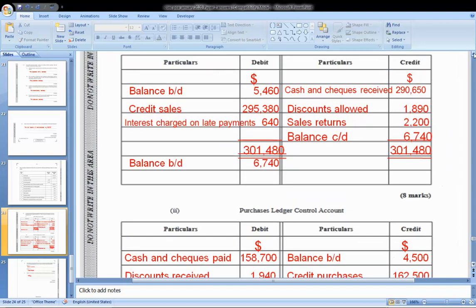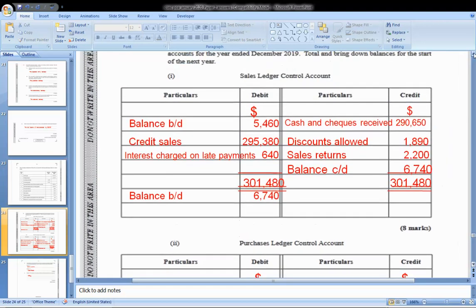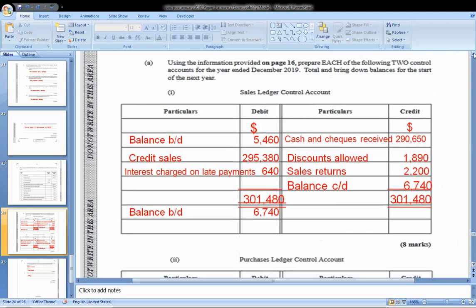So let's see what we are required to do. The question says, B, using the information provided on page 16, which we just read, prepare each of the following two control accounts for the year ended December 2019, total and bring down balances for the start of the next year.